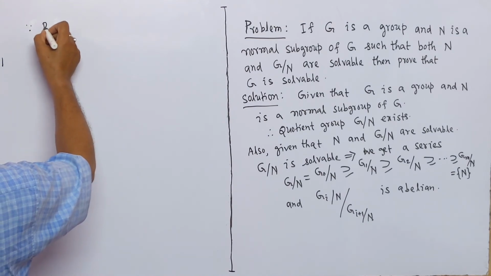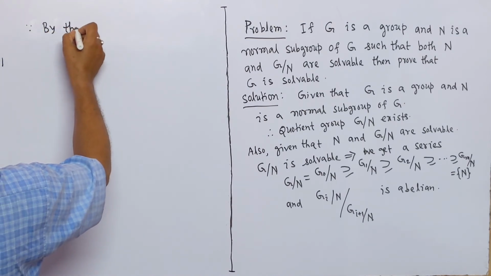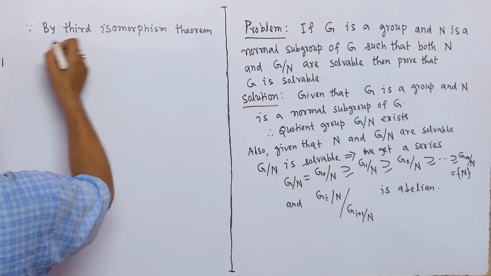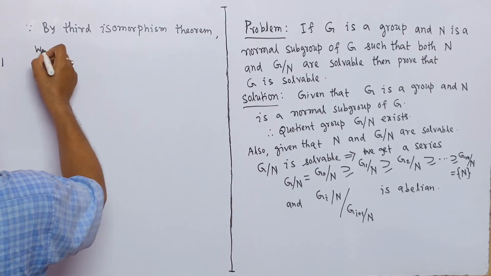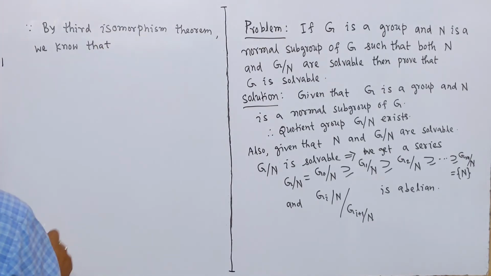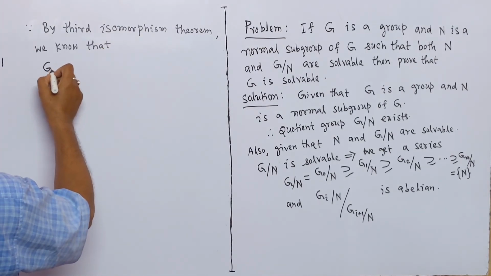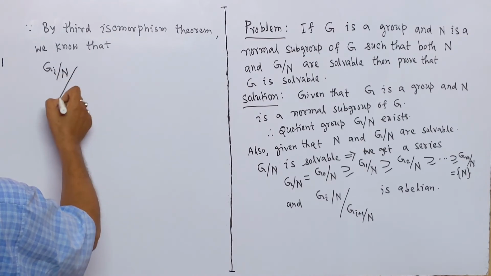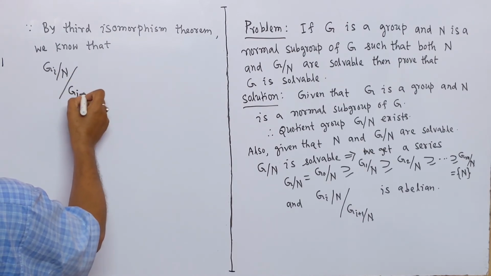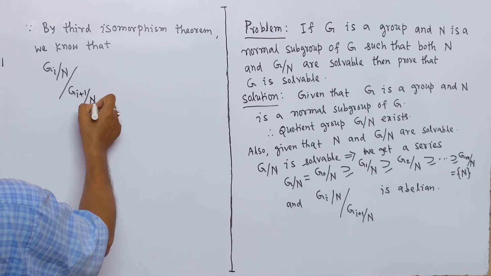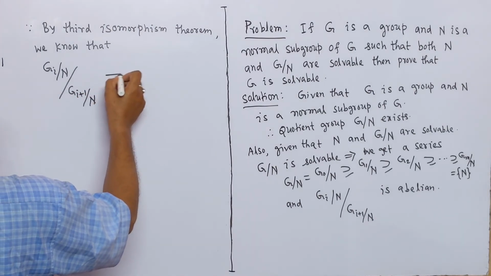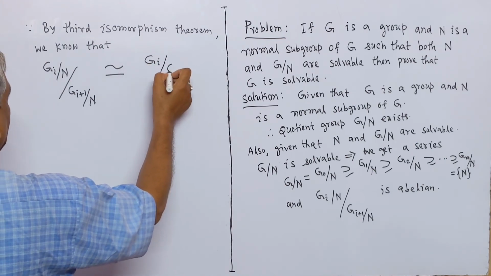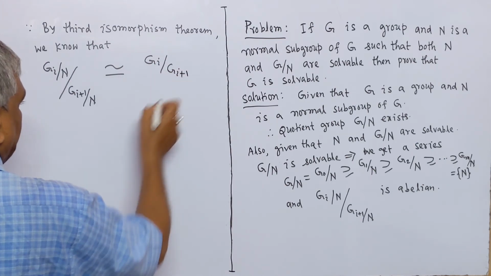Since by the third isomorphism theorem we know that Gi by N by Gi plus 1 by N is isomorphic to Gi by Gi plus 1.